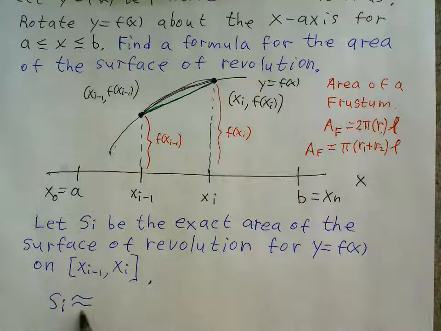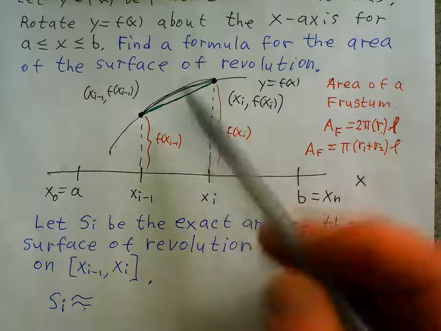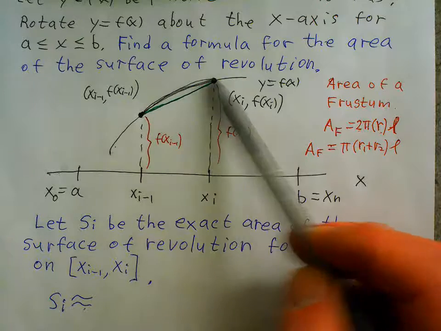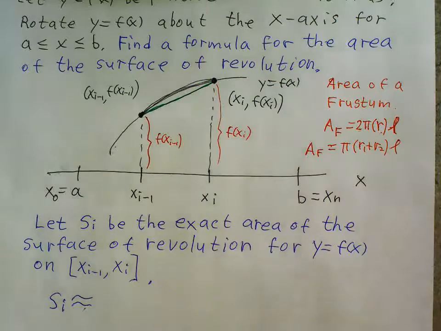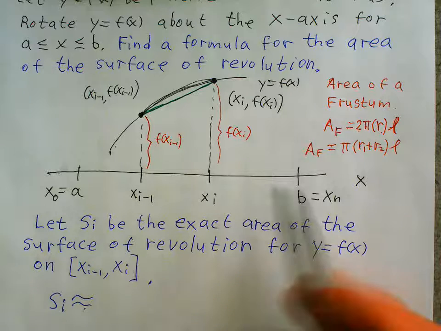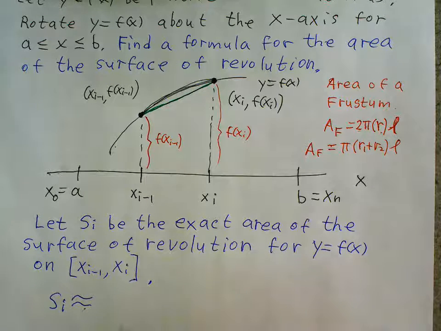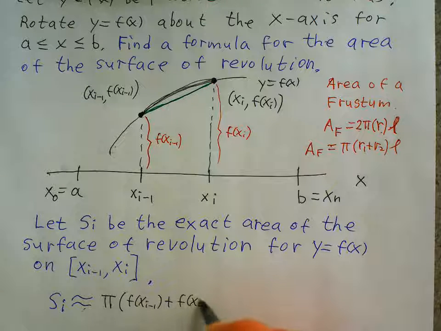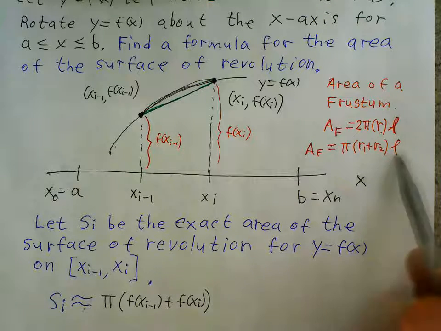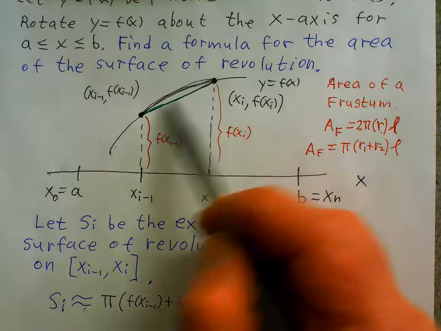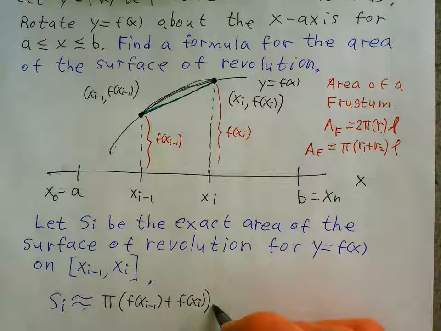So we could write the surface area of the curve rotated about the x-axis on that interval is approximately equal to pi times f of x sub i minus 1 plus f of x sub i, and then multiplied by L. L is just the length of this line segment, so we can use the distance formula for that.